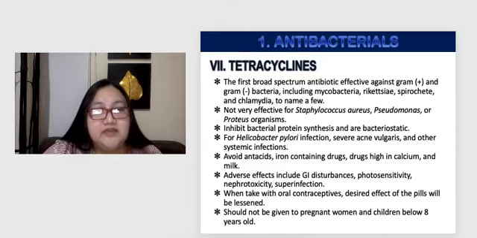At effective ang tetracycline sa H. pylori, lalo na with combination ng metronidazole and bismuth subsalicylate. Si metronidazole, we'll discuss that further later. Bismuth subsalicylate is a salicylate. Okay, just like aspirin. Okay?